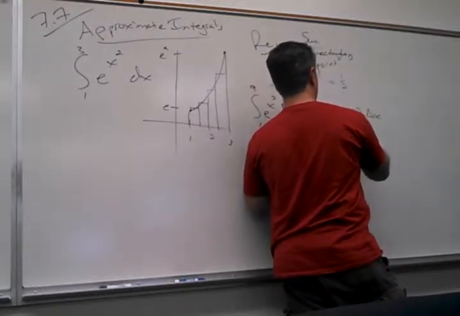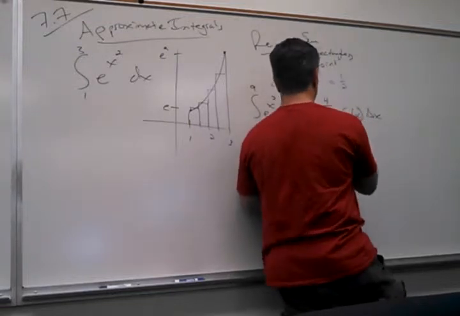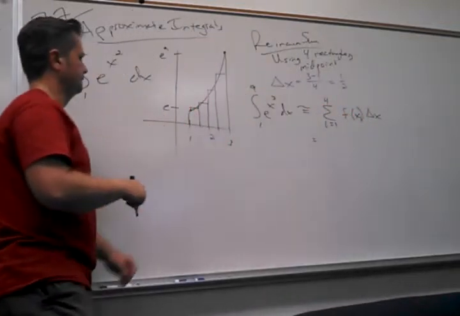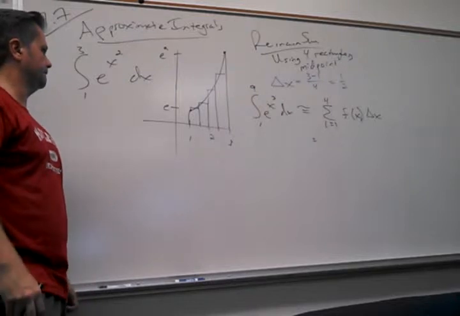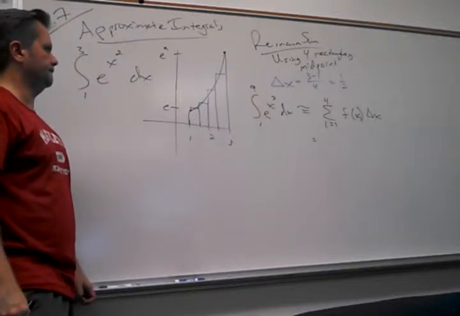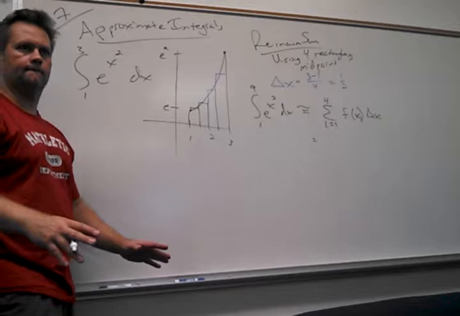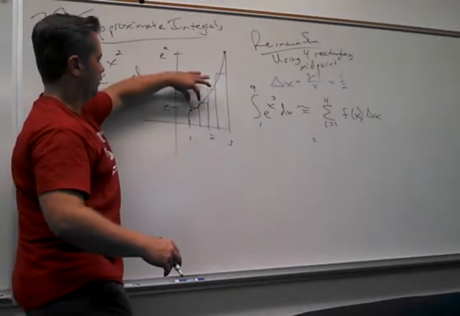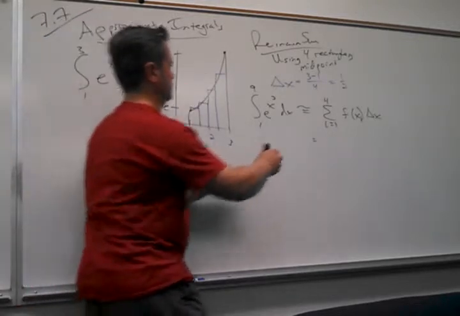Well, let's just say, yeah, 1 to 4, we have 4 approximations, okay. So what's the area of this first little rectangle?